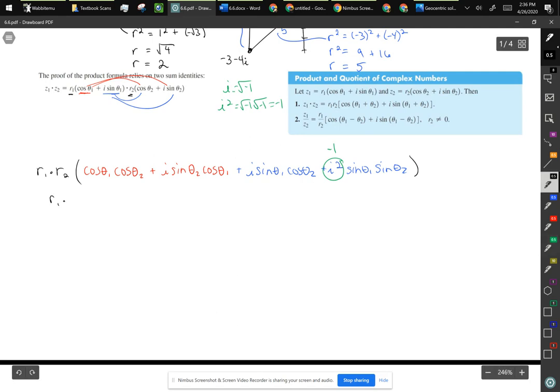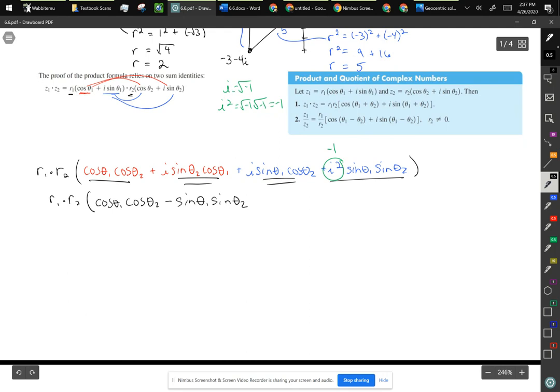So this is still R1 times R2. Notice this part is negative sine theta 1 sine theta 2, so I'm going to group it with these. I'm going to keep these grouped together. So this is going to be cosine theta 1 cosine theta 2 minus sine theta 1 sine theta 2, right?